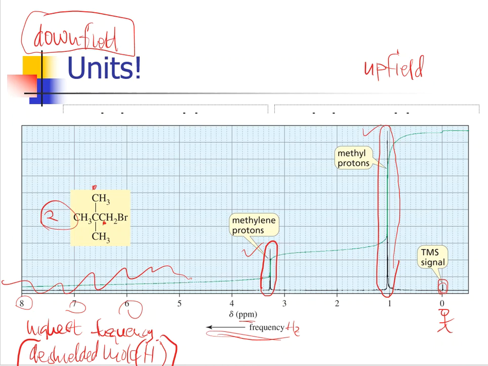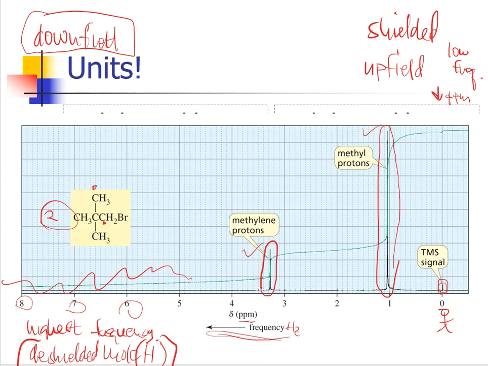If the kids have neighbors to them, then they are shielded. And if they are shielded, they are more on the upfield side. So the upfield of the NMR has the shielded protons. They have very low frequencies and these really tiny ppm values.